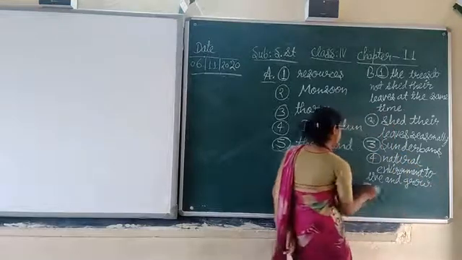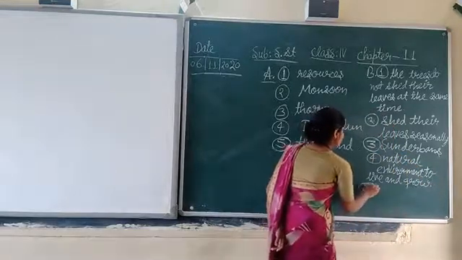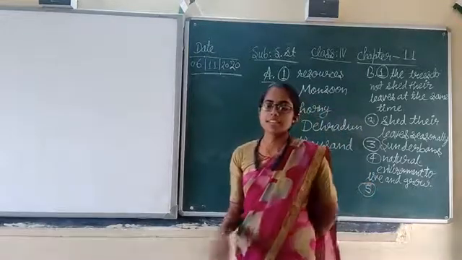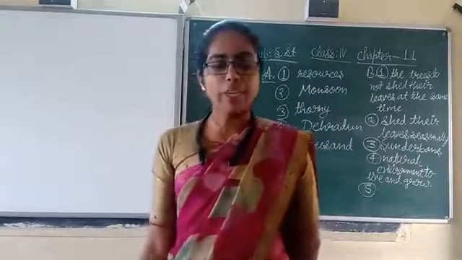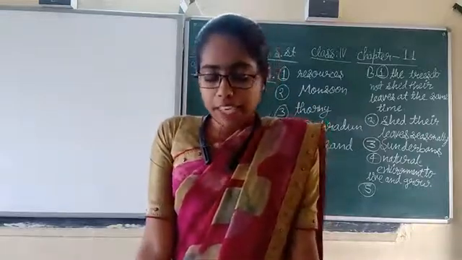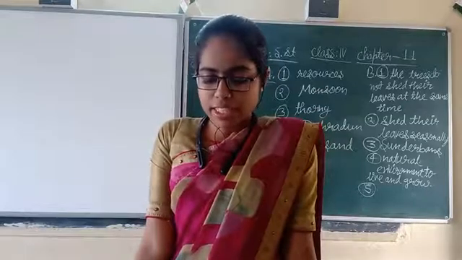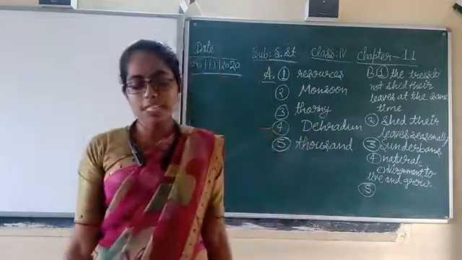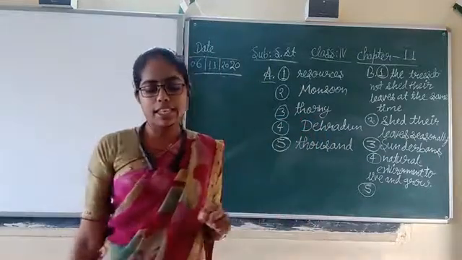Now the fifth question, the last one. Let's see the last question of this exercise. The Wildlife Institute at Dehradun protects wild animals and birds, gives training to people to manage wildlife, serves as a zoo to visitors. What does it do? Again, the second option is correct.